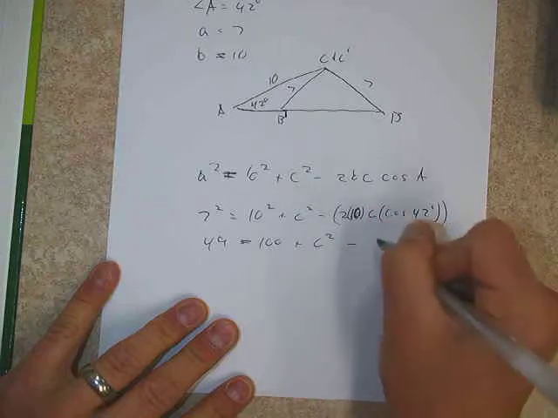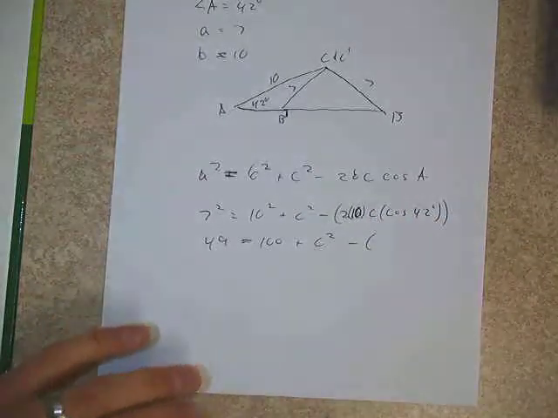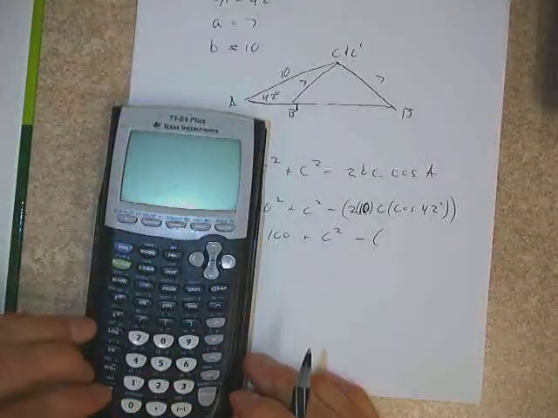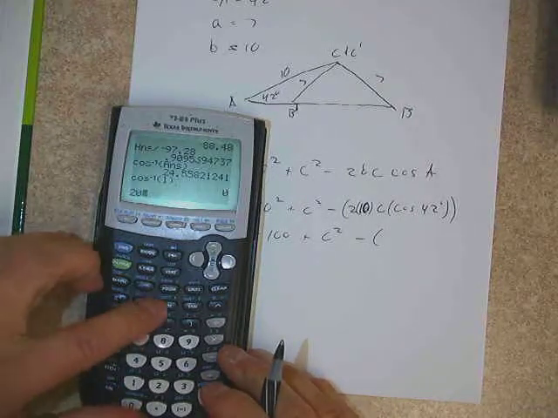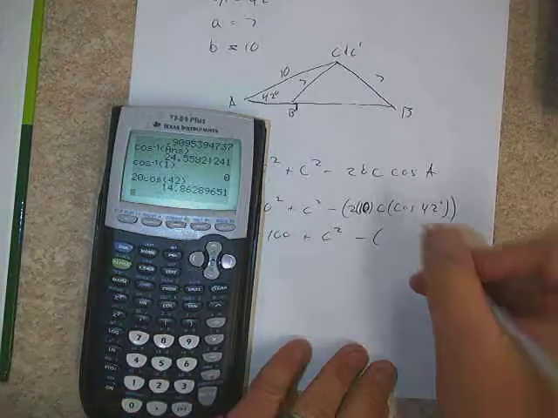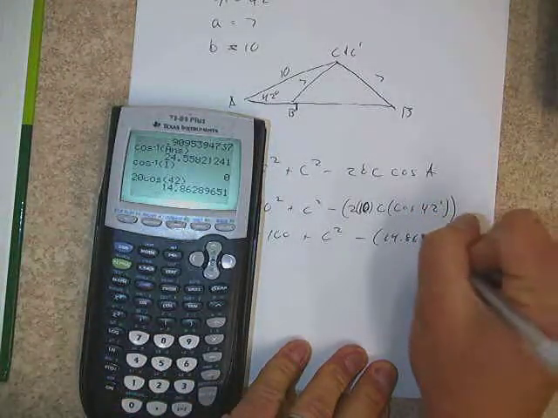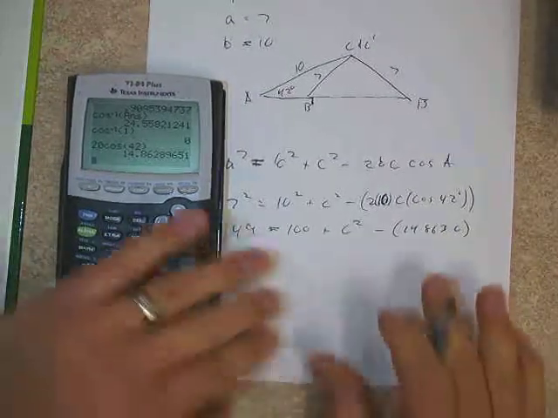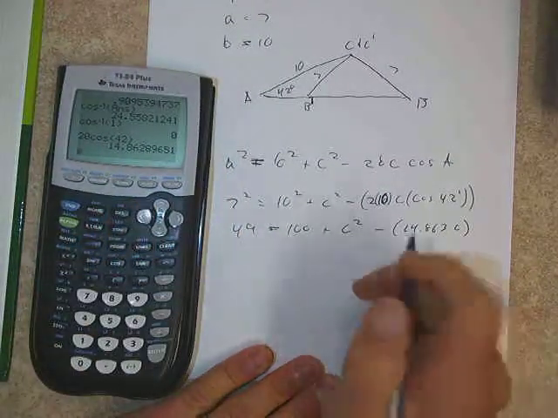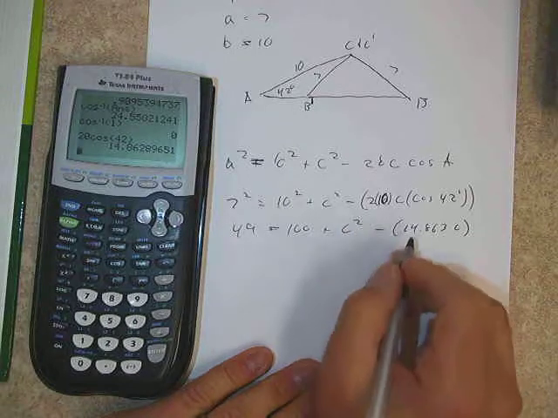When we set out to solve that, we get 49 equals 100 plus c squared minus, in the parentheses, 20 times cosine 42. I'm going to go ahead and get a number for that and store it, so I have that in a nicer format: 14.863 times c.